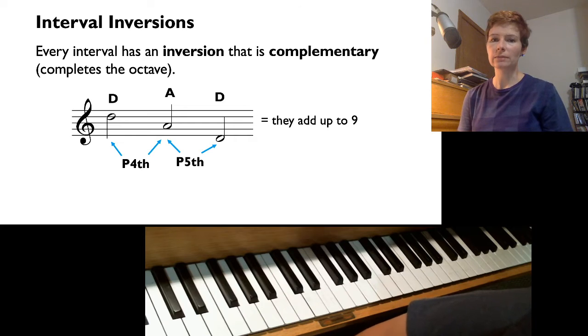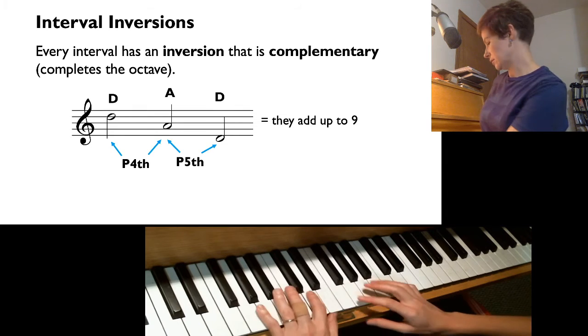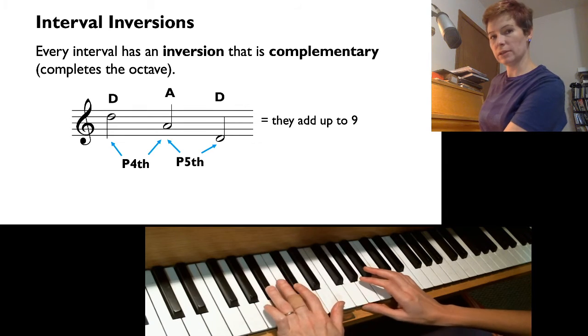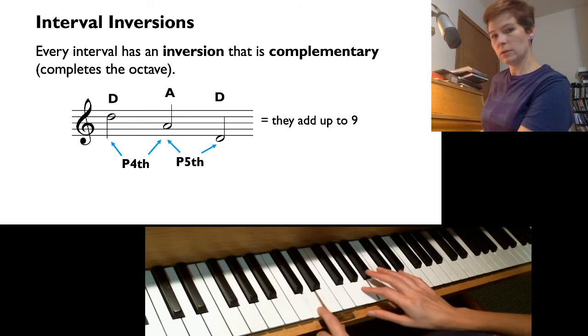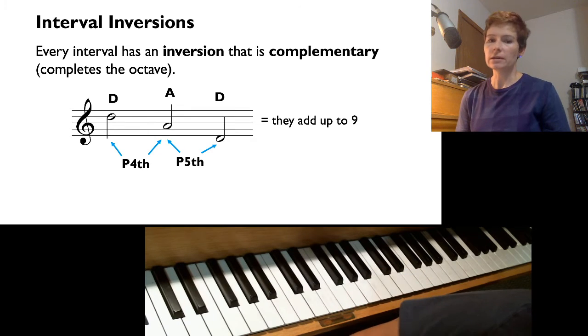So one way to think of it is that an interval and its inversion always add up to 9 in size. So 3 plus 6, or 4 plus 5, that's 8 for the octave, plus 1 for the overlap in the middle, where you count the middle note twice, if that kind of makes sense.